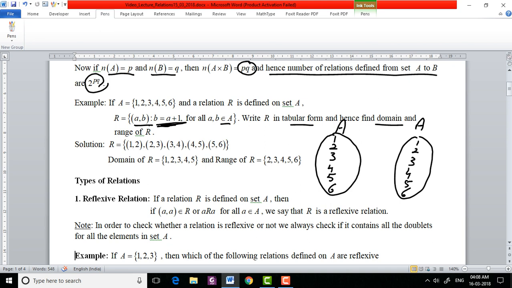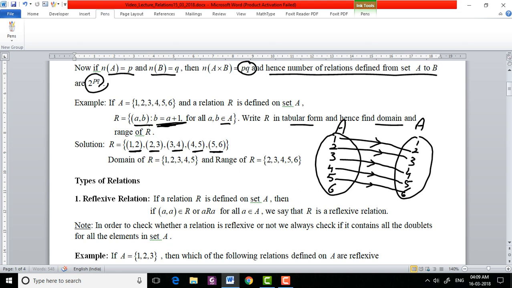So 1 is related to 2. Similarly 2 is related to 3, 3 is related to 4, 4 is related to 5 and 5 is related to 6. So my relation contains the elements (1, 2), (2, 3), (3, 4), (4, 5) and (5, 6).